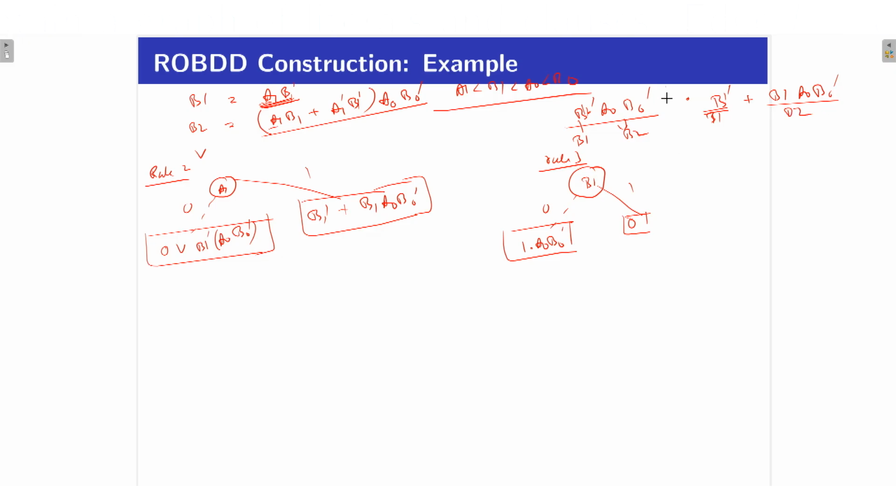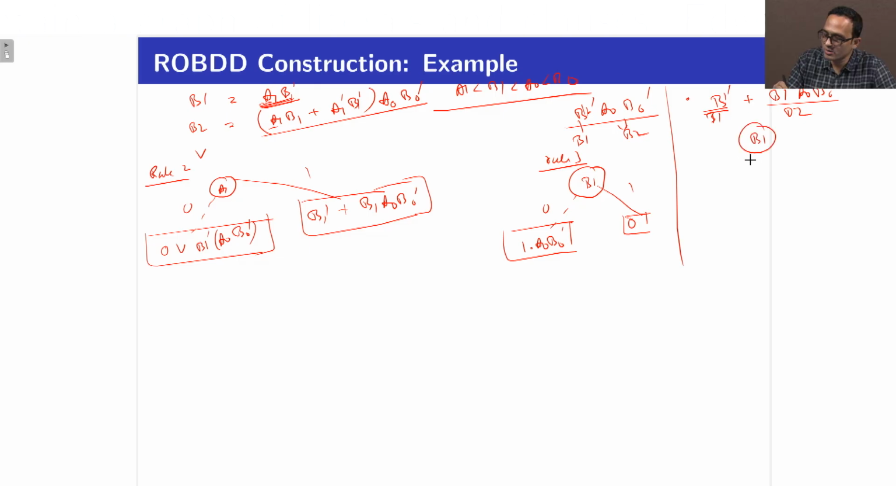Now, I have b1 here, and I also have b1 here, so it is rule 2. So, I will have b1 as the root node, and if I put it 0, this will become 1, and here this will become 0. Now, if I put 1 here, this will become 0, because 1 complements 0, and now I have b1 which is 1. So, this will become a0 b0 dash.